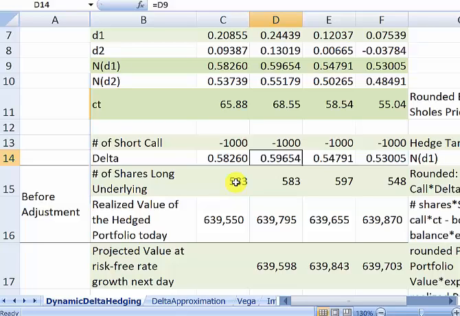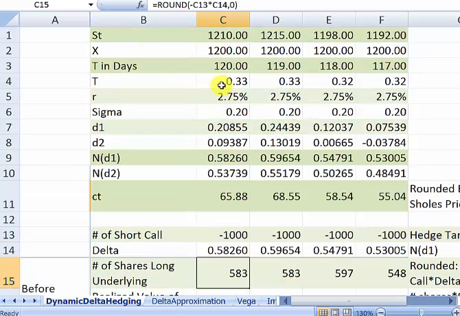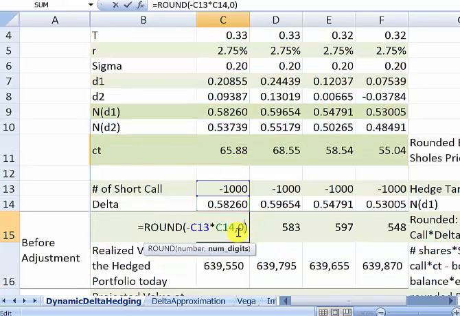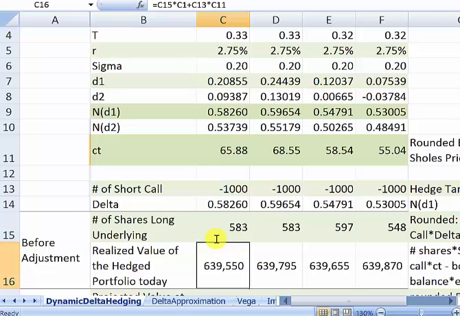The number of shares need to be held by the dealer in order to hedge this 1,000 written call on the first date, right? 120 days before expiration is 583 shares, basically 1,000 times 0.5826.